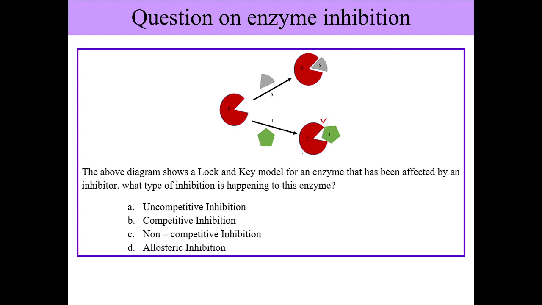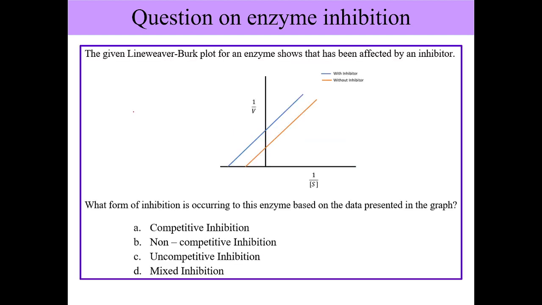It is not binding to some allosteric site. So which one should this be? Uncompetitive? No. Should it be non-competitive inhibition? No. It is also not allosteric inhibition. Rather, it is competitive inhibition. Right? So yes, that is the right answer. This is competitive inhibition. Fine.